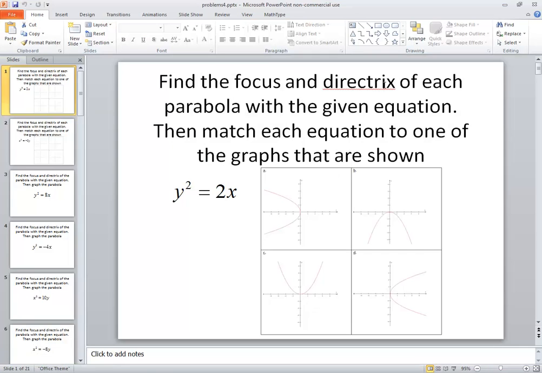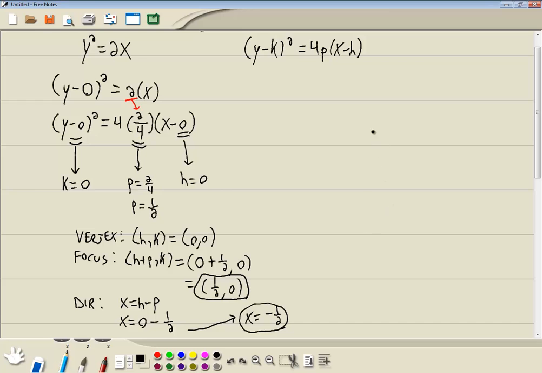They're asking us to find the focus and directrix, and then match this equation up to one of the graphs. So let's go ahead and graph this. Our vertex is (0, 0), which would be right there. Our focus is (1/2, 0).